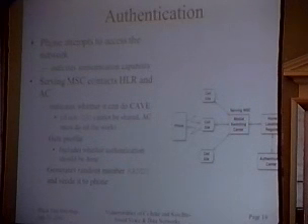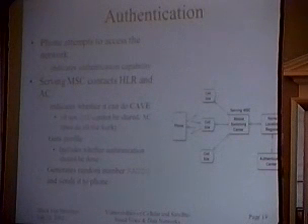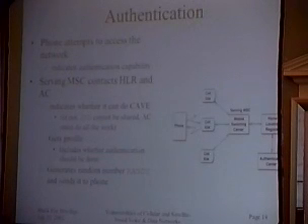The mobile switching center has different capabilities. Some can actually do the authentication work themselves, others can't. So the MSC here will either do the work itself, or it will tell the authentication center, hey, you've got to do all this, I can't do it for you.